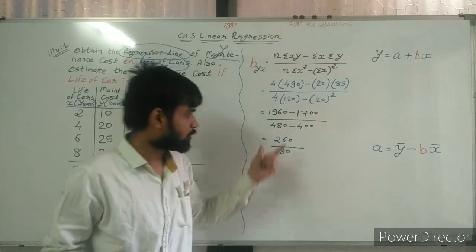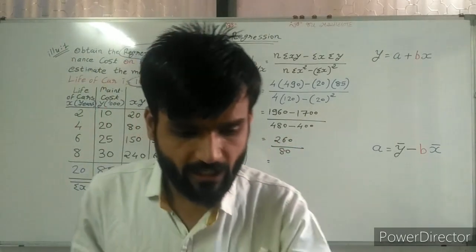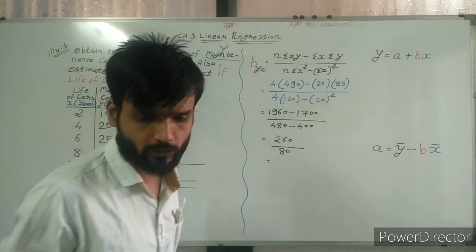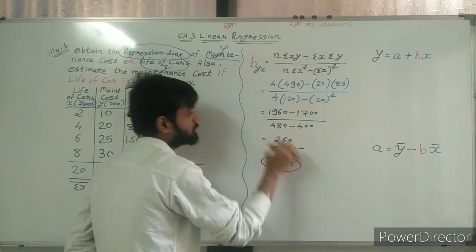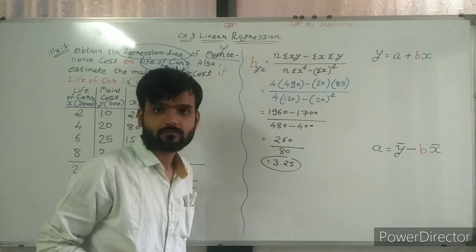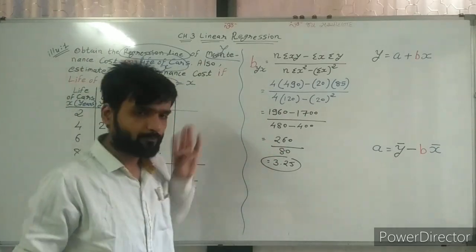Now 260 divided by 80, you will get 3.25. So this is the value of B.